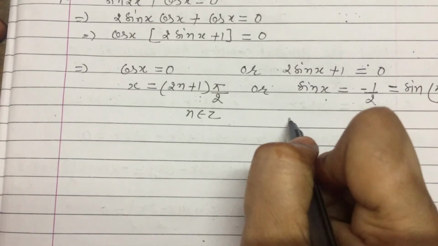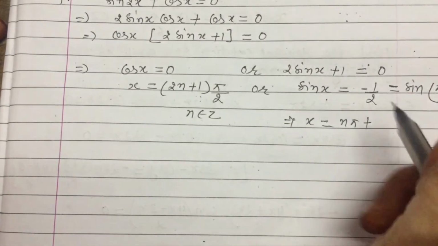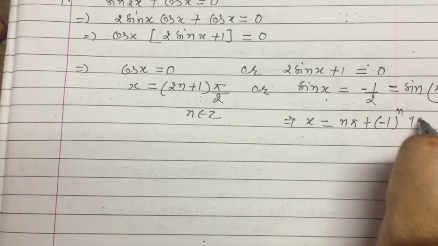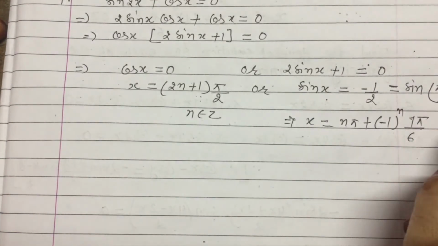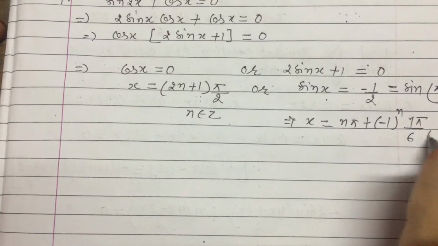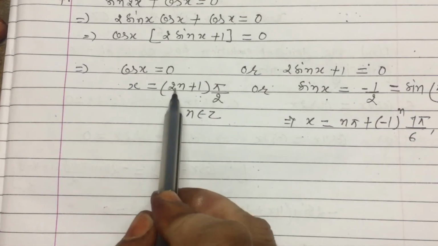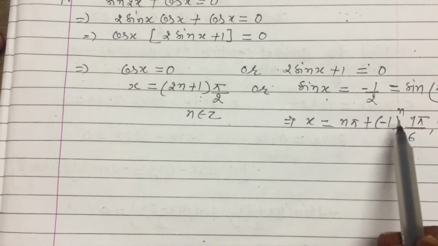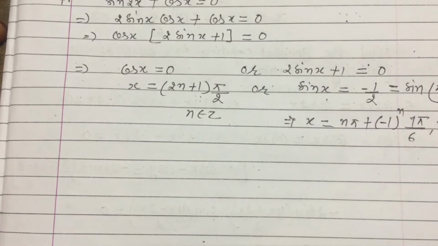So x is equal to n pi plus minus 1 raise n, and here it is 7 pi by 6. Take LCM, pi plus pi by 6, you will get 7 pi by 6, n belongs to z. So there are two solutions. First is x is equal to (2n plus 1) pi by 2, and second is n pi plus (minus 1) raise n 7 pi by 6 for n belongs to z.